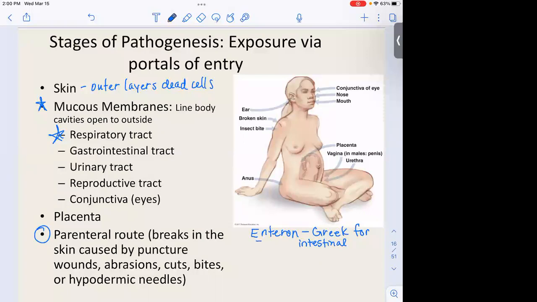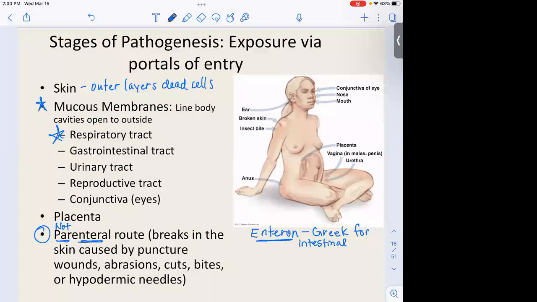Okay, so that's a good Greek term to remember. Alimentary tract is another way to say that. So if a root is par, meaning not, not intestinal, parenteral.